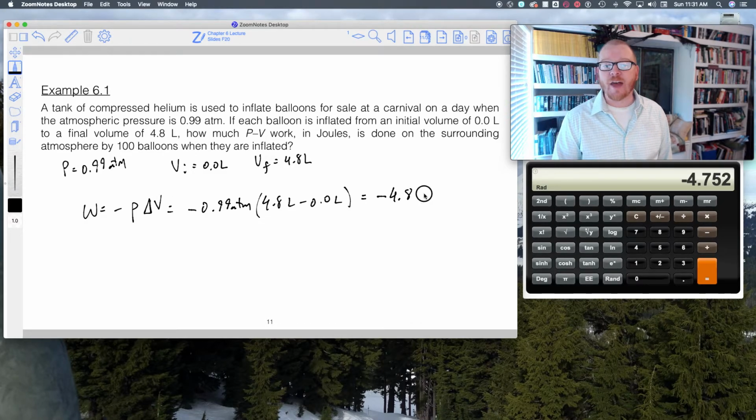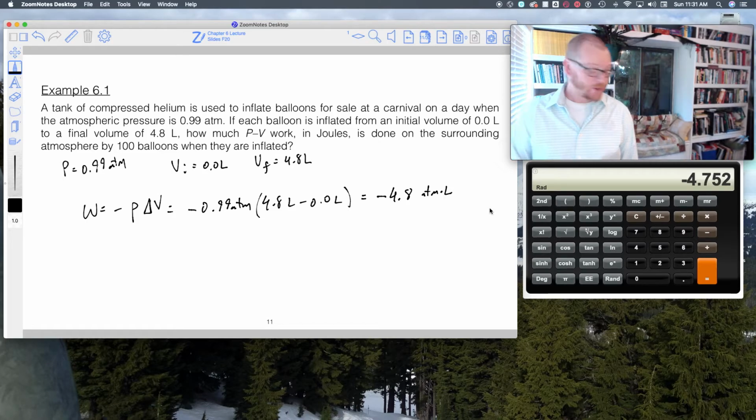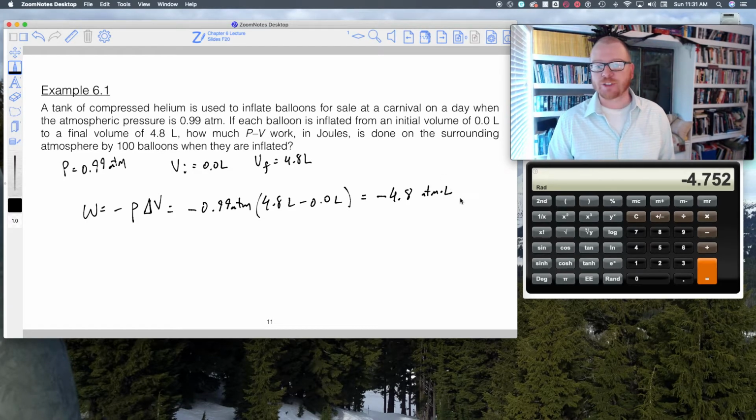And then the units of that are atm liters. Okay, and I know from my conversion factor that 1 atm liter is 101.32 joules. Right, so that's how I can use that.